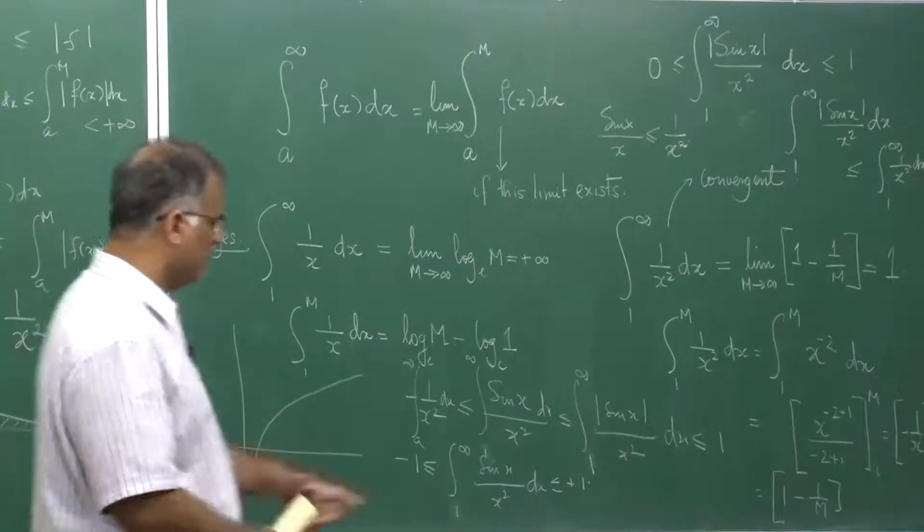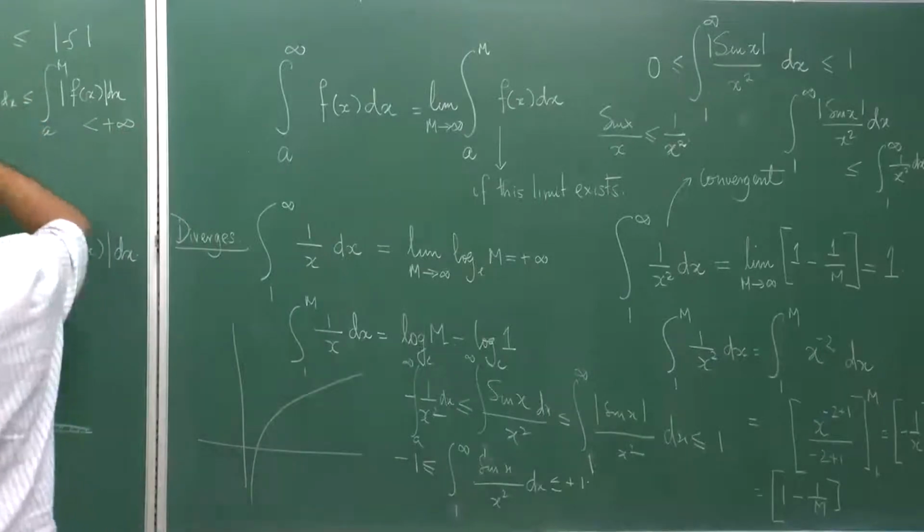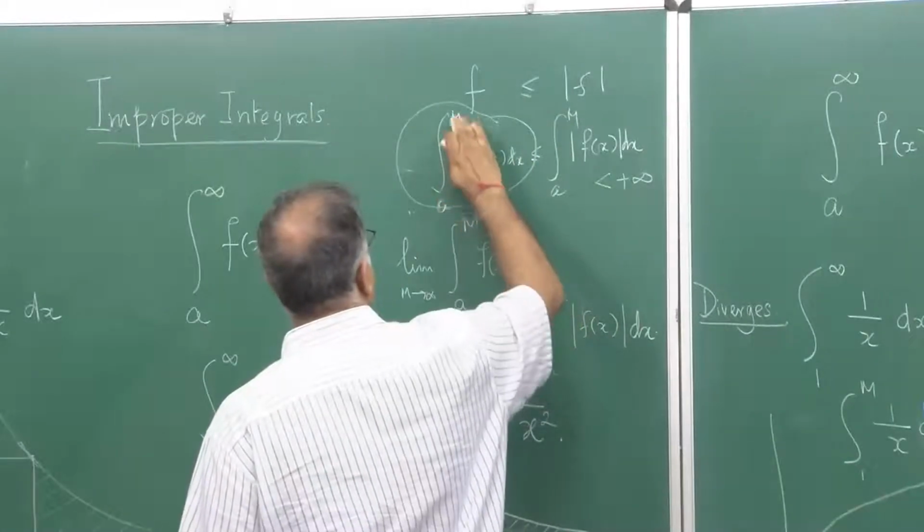So, this integral is called absolutely convergent. So, this whole integral is actually called not a to infinity.